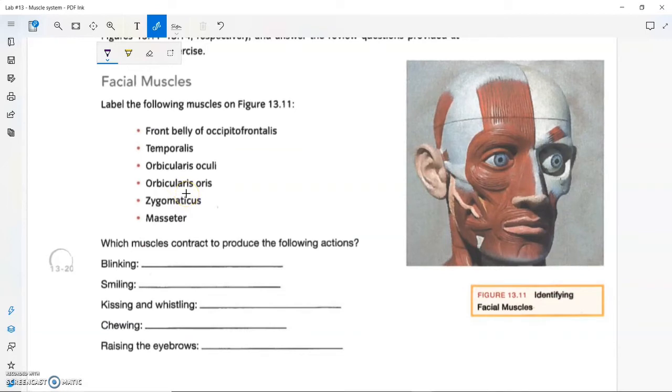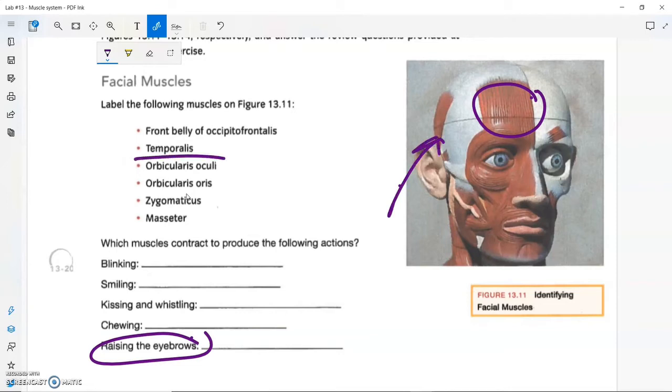So occipitofrontalis will be this muscle right here, frontal belly of occipitofrontalis. It raises your eyebrows here. Temporalis is shown here on the side, and temporalis helps you to chew, along with a muscle called masseter, which you can see on the image right here. Not that pink one, but that is a masseter.